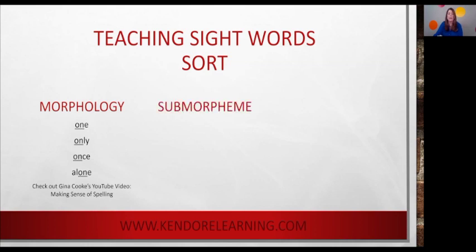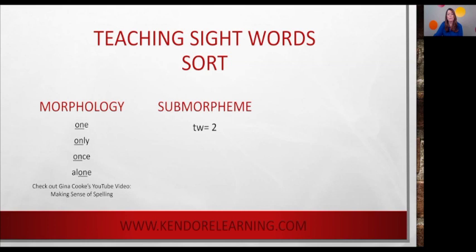All right, so then submorphemes. Submorphemes are parts of a word that contribute meaning to the whole. So you might have just a consonant blend like TW. If we're looking at ON, that could be a submorpheme, but it goes across different words for different reasons, but the morphology is still the point.